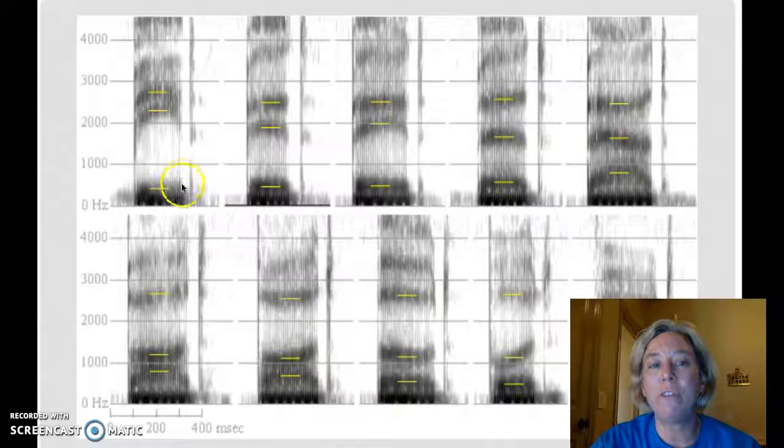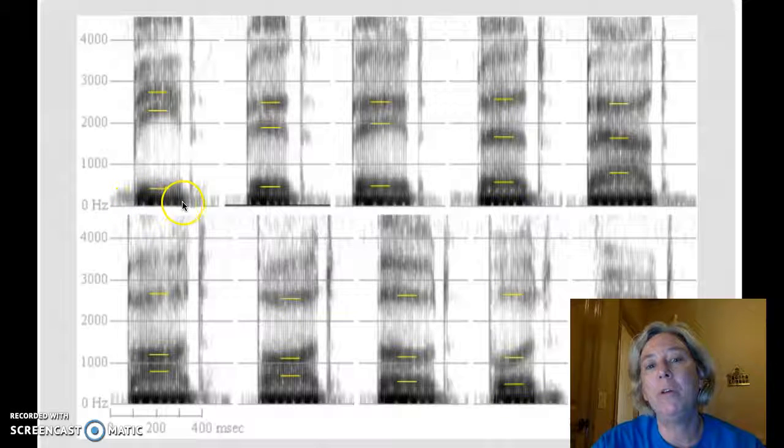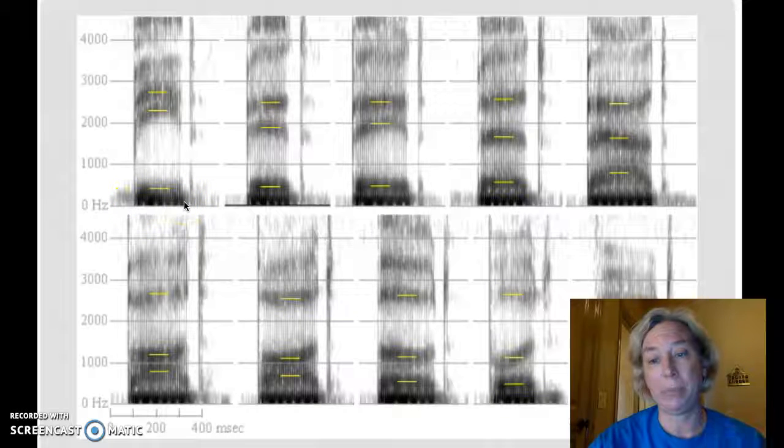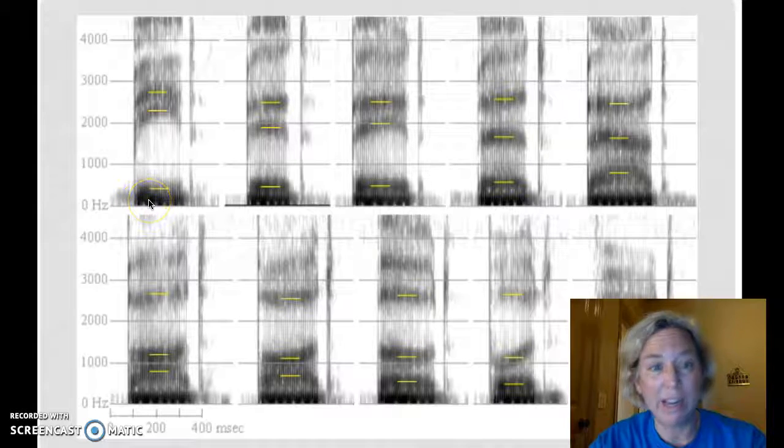And so you can see for the vowel I, the fundamental frequency, if we measured it, would correspond to roughly the pitch of the person's voice recording. If it was a man, it might be maybe 130 hertz. If it's a woman, maybe 175 or so.